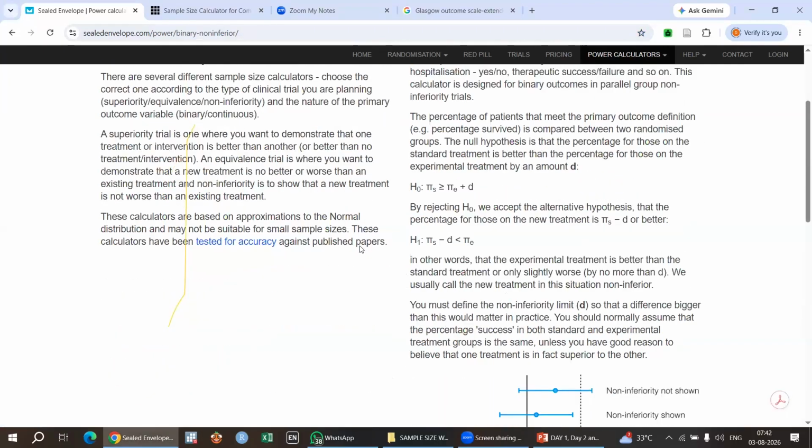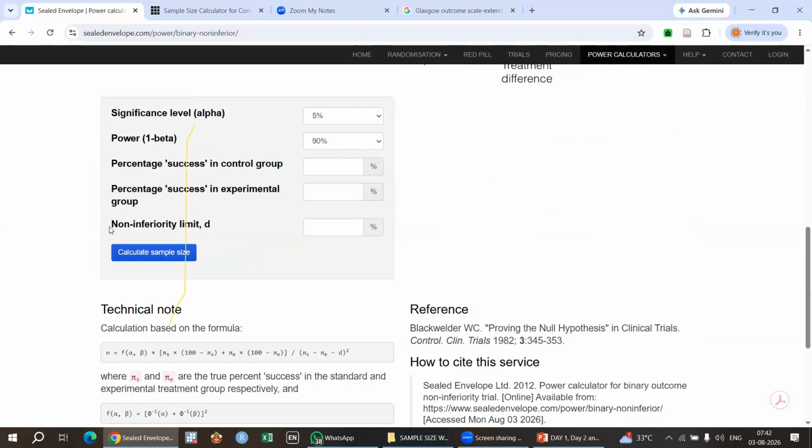Now please see this non-inferiority trial. I just click this. In non-inferiority, they have given a non-inferiority limit or non-inferiority margin, D. But in the superiority trial formula, they did not give it, so that is a zero superiority trial. But here it is given. So what do we have to write down here? Success in control group 90.